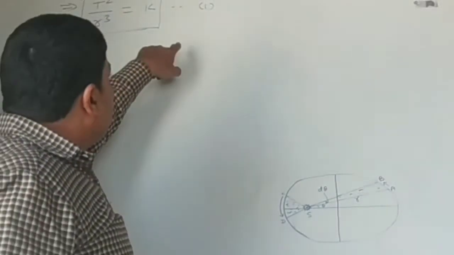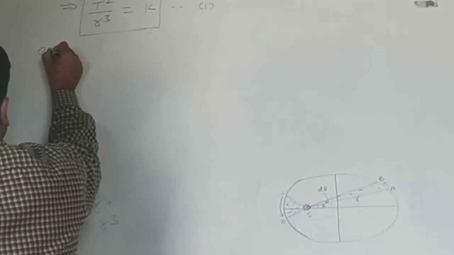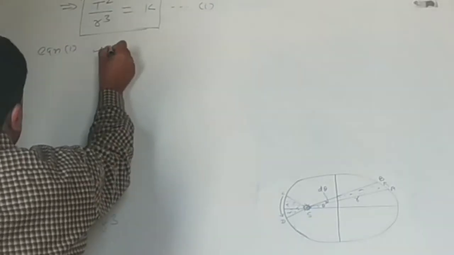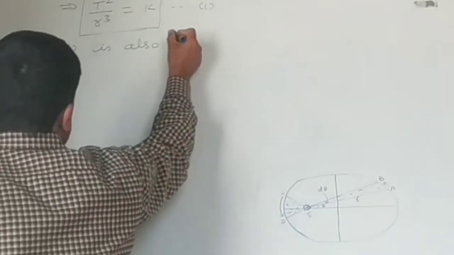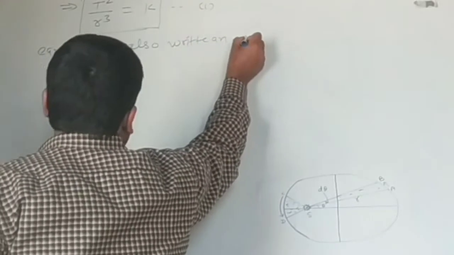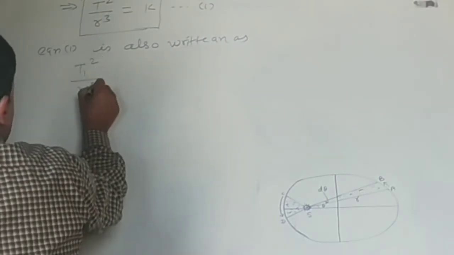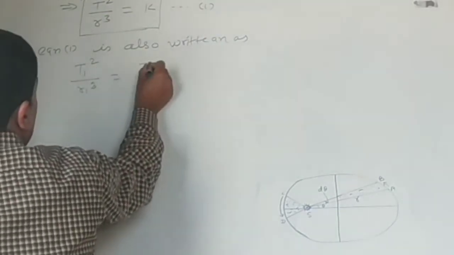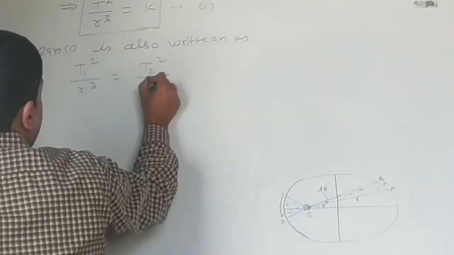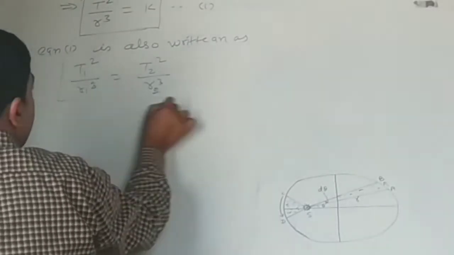Okay, equation 1 is also written as T1 square upon R1 cube is equal to T2 square upon R2 cube.